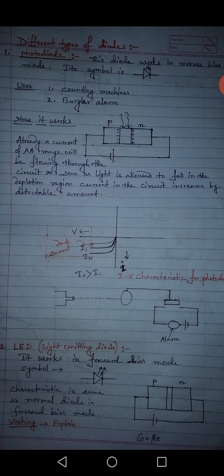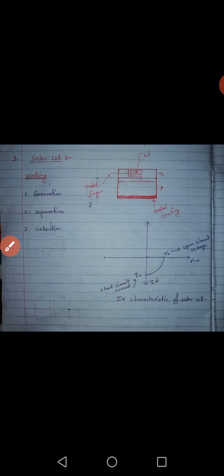And the last one, that is the solar cell. So generally a solar cell is also a combination of N type and P type semiconductor. So here I have drawn, suppose this is the N type part, this is the P type. Though it is not clear in the diagram, you have to keep in mind that the thickness of N side is less than the thickness of P side.